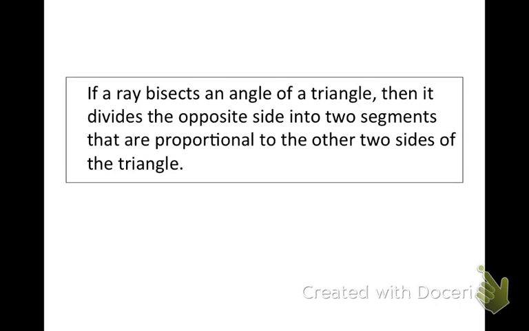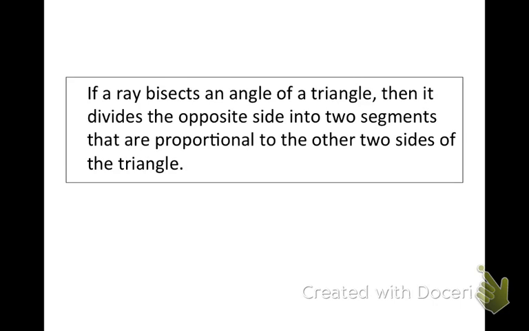All right, so we look at the last example. So remember, bisect means what again? Down the middle. Cuts it in half.